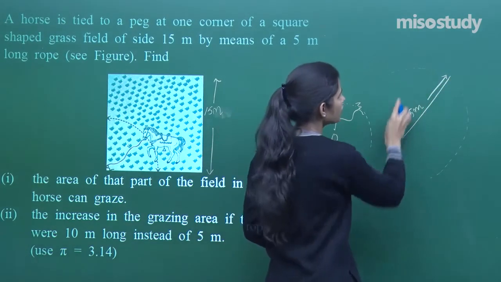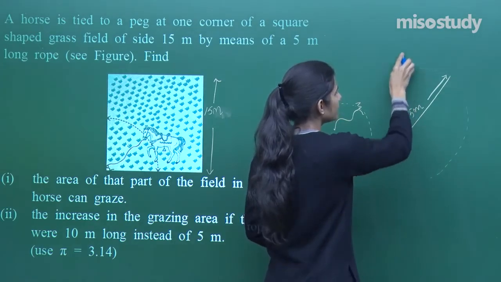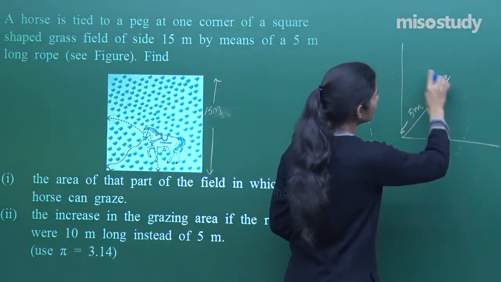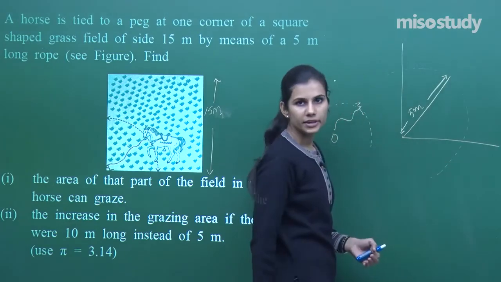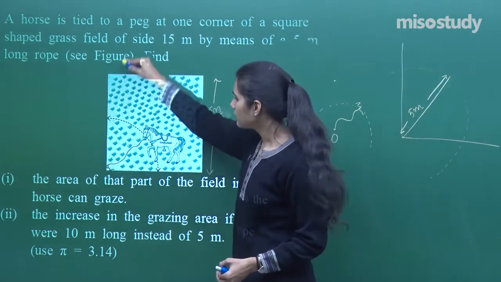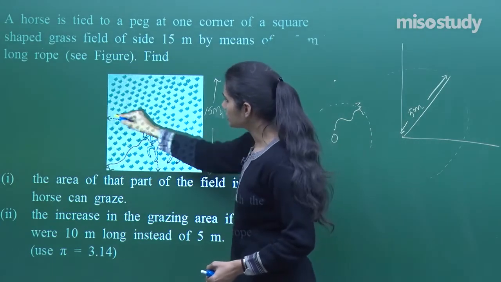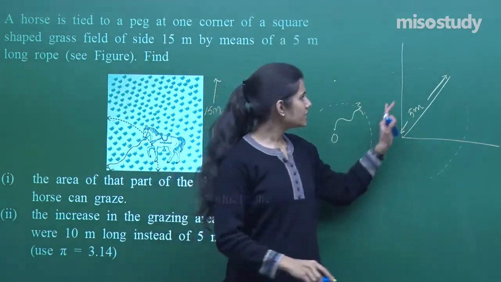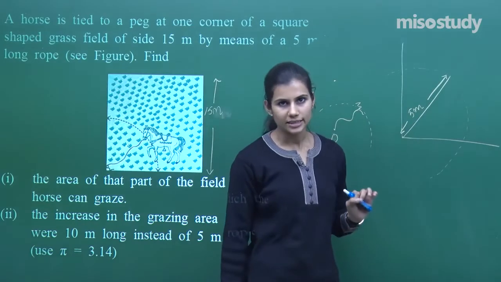Of course, the boundary is of a square, so the moment I create the boundary of a square, this actually turns into a quadrant, isn't it? The moment I consider the boundary of the square, this portion turns into a quadrant. So, this is the max area which the horse can graze in.